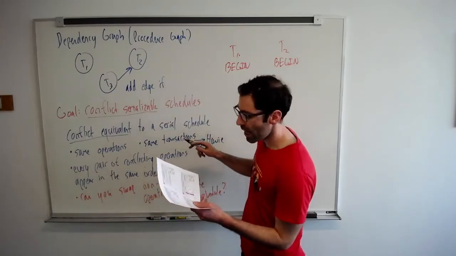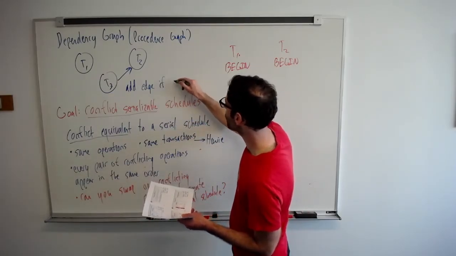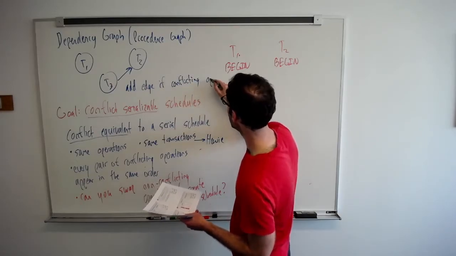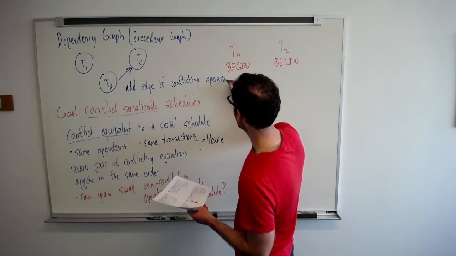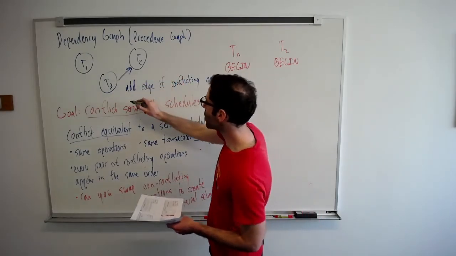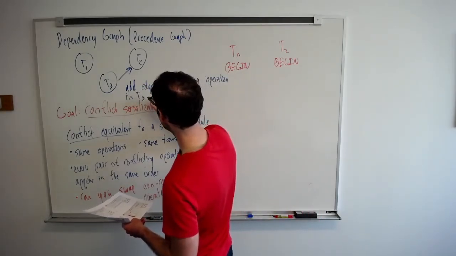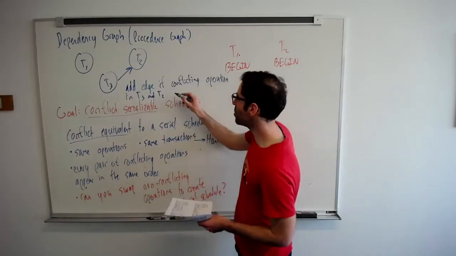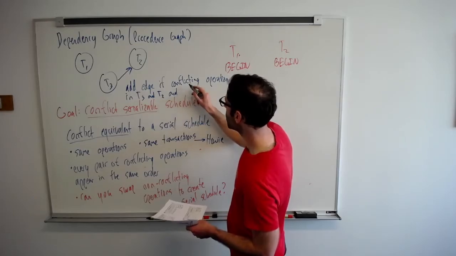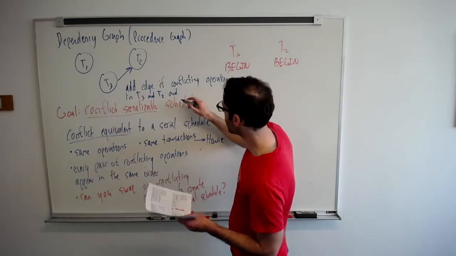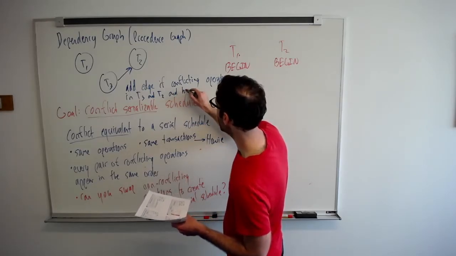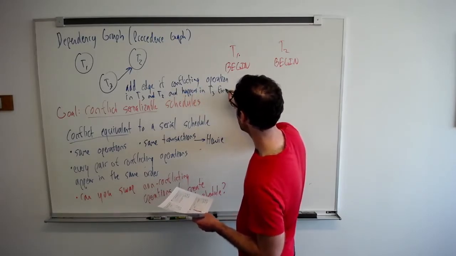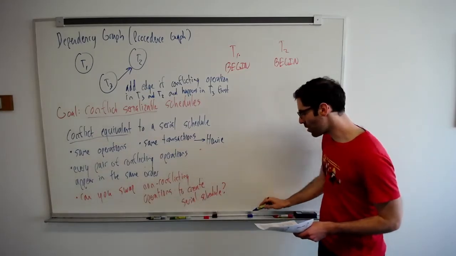And we'll add an edge if we have a conflicting operation in T3 and T2, and it's the case that it happens in T3 first.